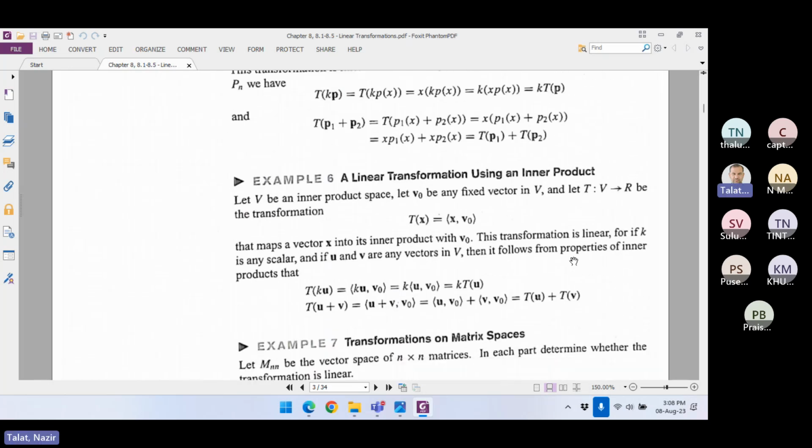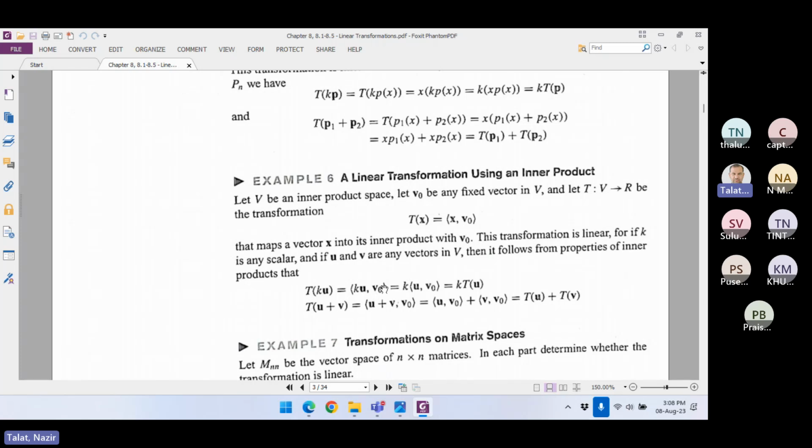Another example of a linear transformation comes from the inner product. For example, if Tx is equal to x inner product with v, where v is any fixed vector, then if we put T of ku, it becomes ku inner product with v, because the transformation is defined here.